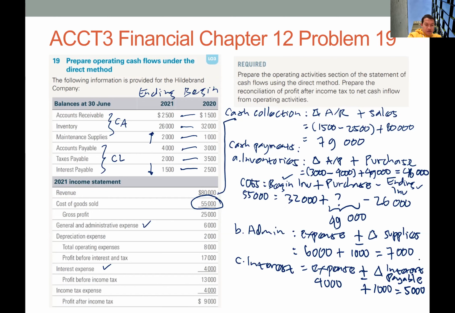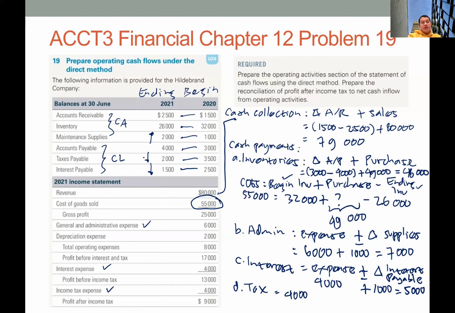Okay, lastly, we calculate cash payment for income tax. So tax is the same formula. So we add the tax expense, which is 4,000, plus or minus the changes in tax payable. So tax payable balance is decreasing.